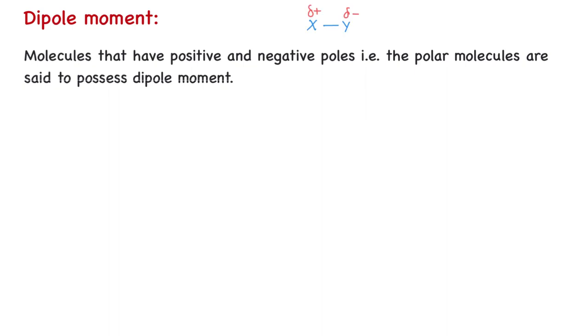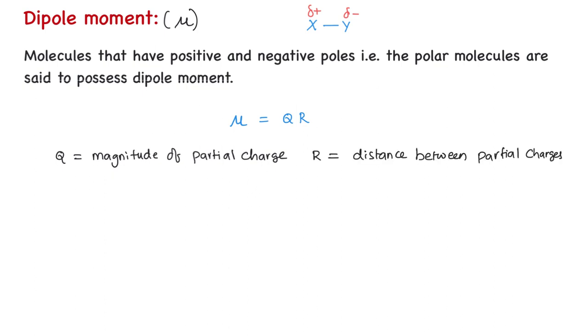Molecules that have positive and negative poles, that is, the polar molecules, are said to possess a property called dipole moment. Dipole moment is represented by the Greek letter mu, and dipole moment mu is equal to Q times R, where Q is the magnitude of the partial charge on the atom and R is the distance between the charges.